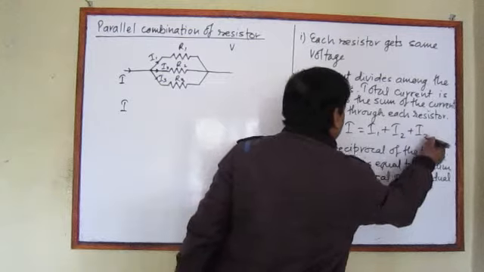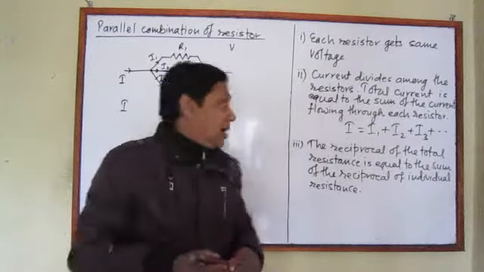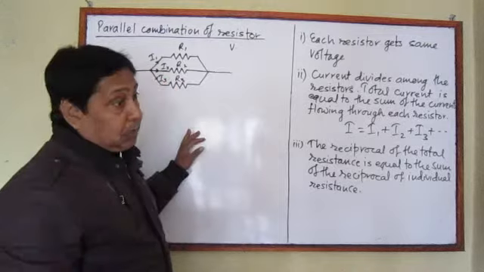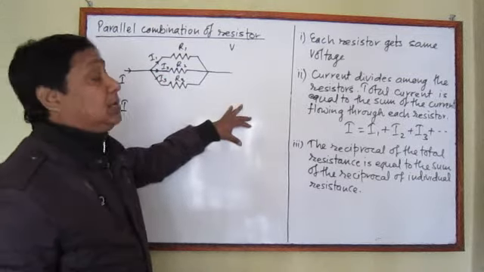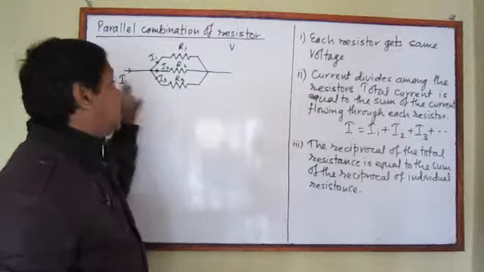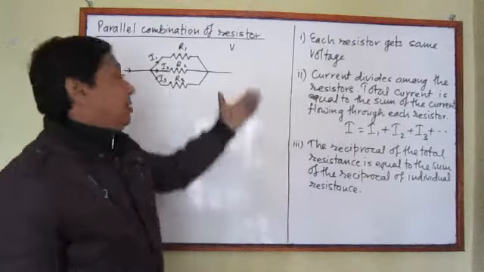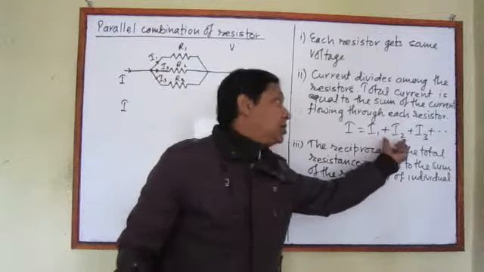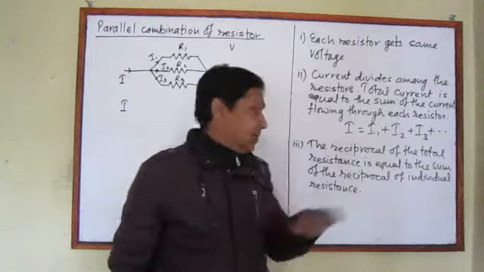If there are other resistors also, the current divides among all of them. In a series combination the voltage divides, but in a parallel combination the current divides. This is one of the great characteristics of the parallel combination of resistors, where the sum of the currents in each branch is equal to the total current.